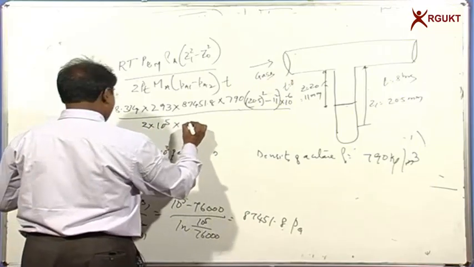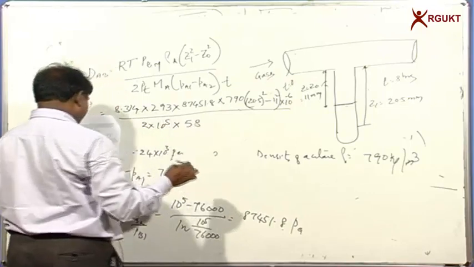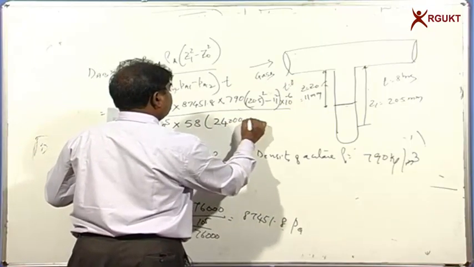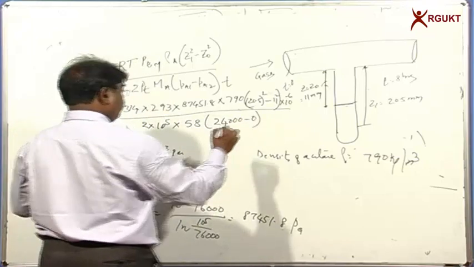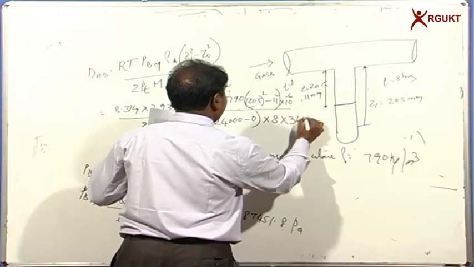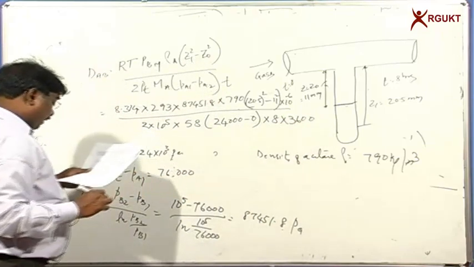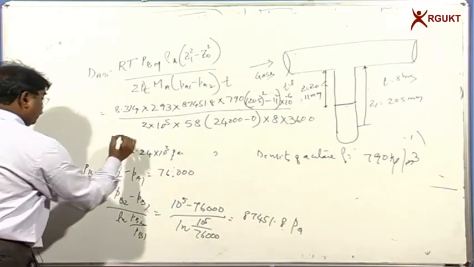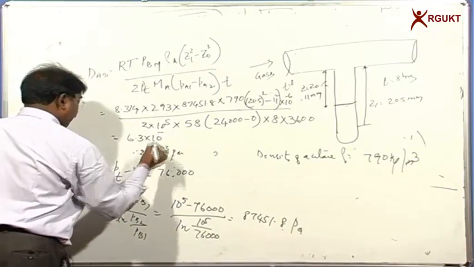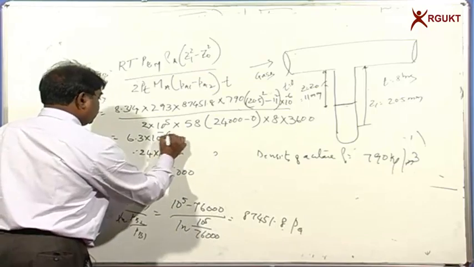MA, molecular weight of acetone, that is 58, and PA1 24,000, PA2 is 0, and we have 8 hours of operation. To convert that time into seconds, we are going to write 3600, that is going to become 6.3 into 10 power minus 6.